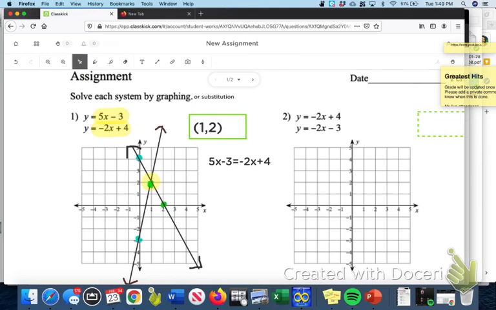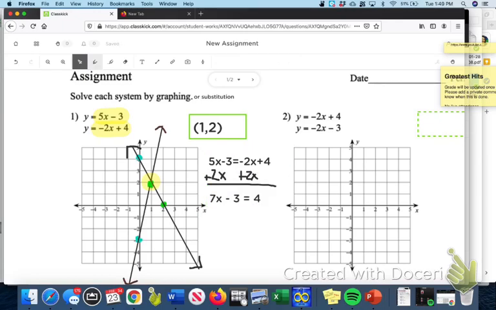If I were going to solve this one, I would cancel out my -2x by doing a +2x on both sides, so that we get 7x minus 3 is equal to 4.